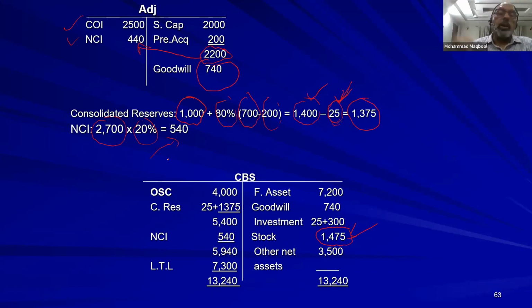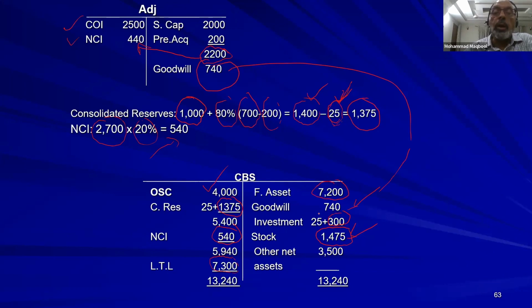Now this is the parent company share capital. This is the consolidated reserve. I'm not touching the 25 yet, okay? And this is the non-controlling interest. Then add the long-term liability of both companies, add the fixed assets of both companies straight away, bring the goodwill there, and bring the investment cost which is given in the question.